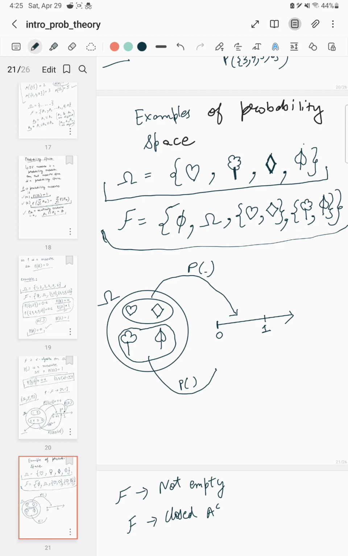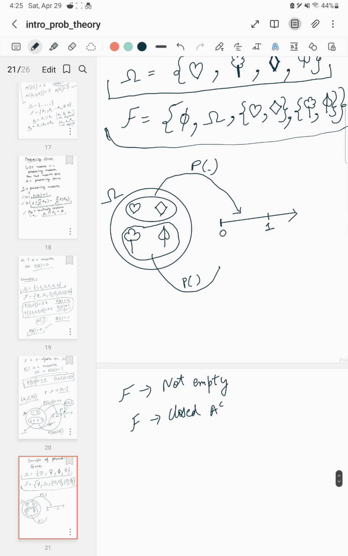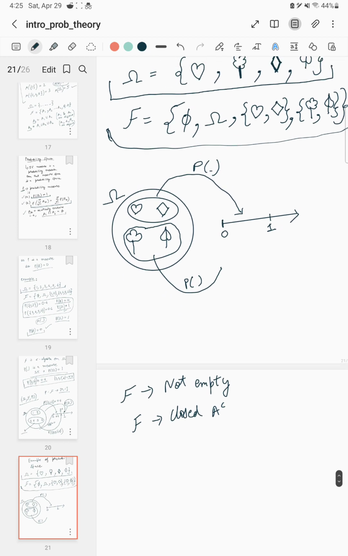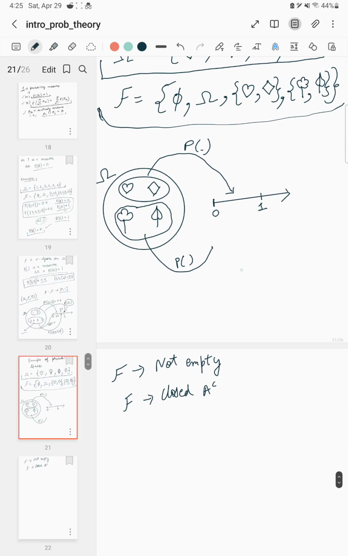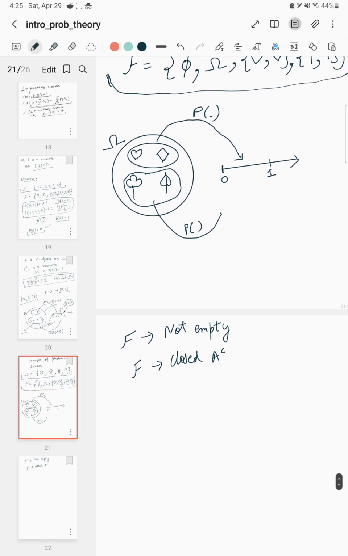So we have these 4 types of events which are possible in our experiment. Also we can see that F is closed under countable union. Hence F is a sigma algebra on omega.